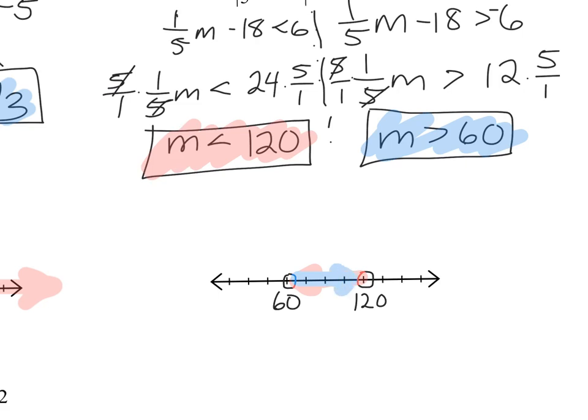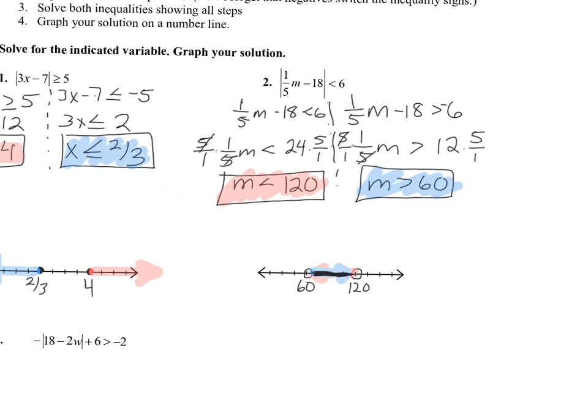So what we see here is the graph itself exists between 60 and 120. Now, it doesn't fill in the circle. Don't fill in the circle. It just exists in between them. So that's how we would do that graph.